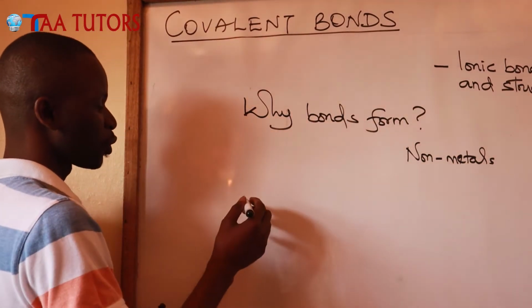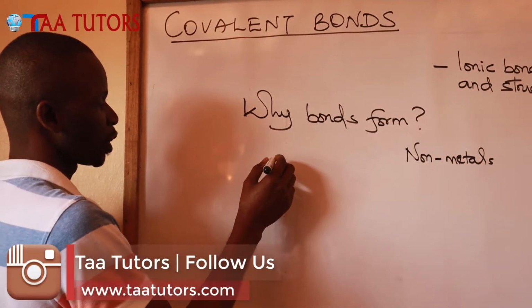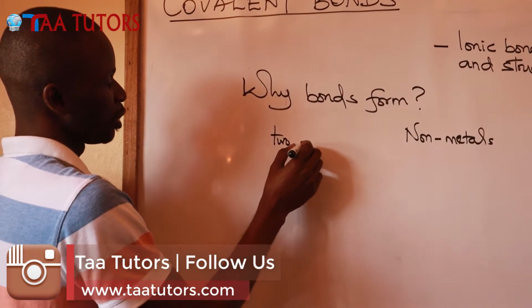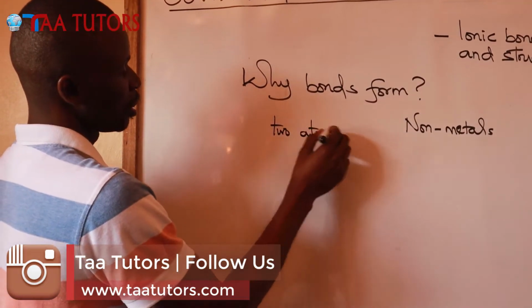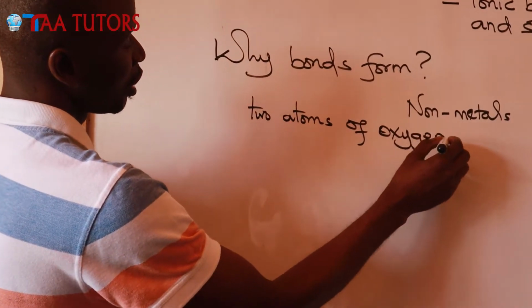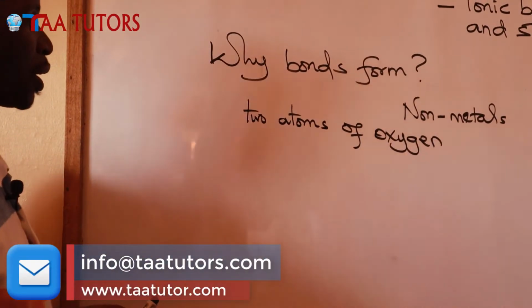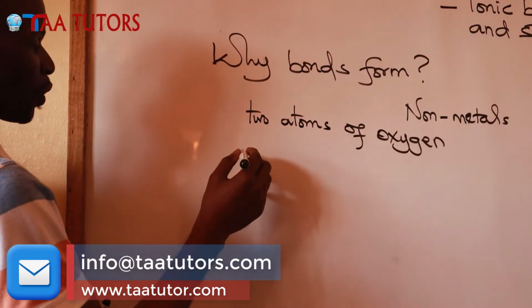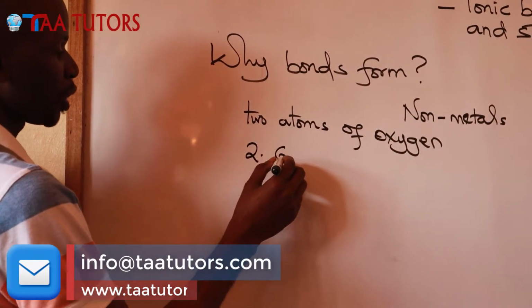If you have two atoms, for example, two atoms of oxygen, we know oxygen is number 8 in the periodic table, so it has electron arrangement of 2, 6.